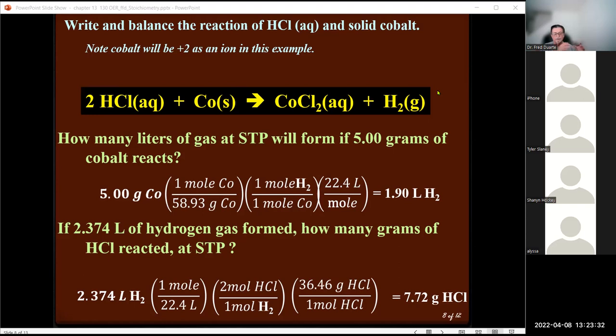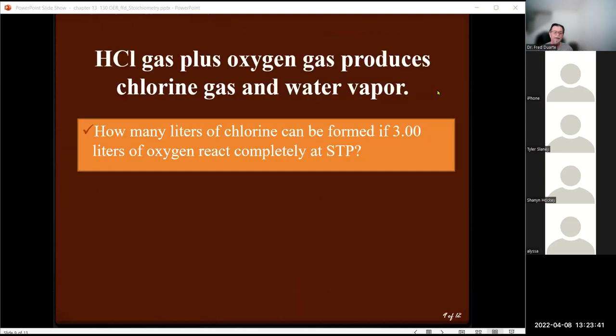Because HCl as a gas is hydrogen chloride. But when you mix it in water, it becomes acidic and it becomes hydrochloric acid. So HCl is hydrogen chloride, which is not hydrochloric acid, because there's a difference. This would be in gas form.